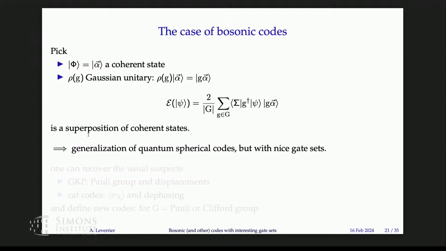So your encodings will be superpositions of coherent states. I guess spherical codes are a specific example of this, where this thing is one, basically.